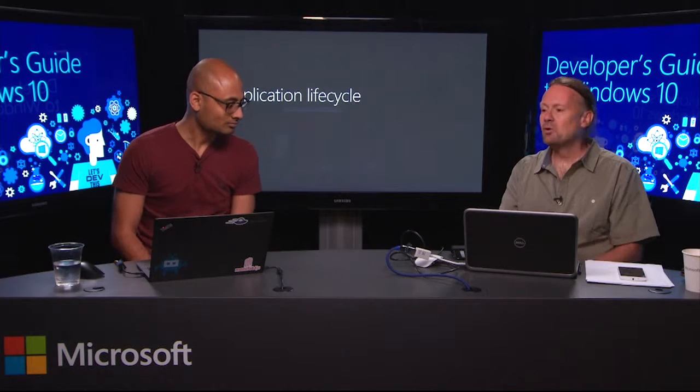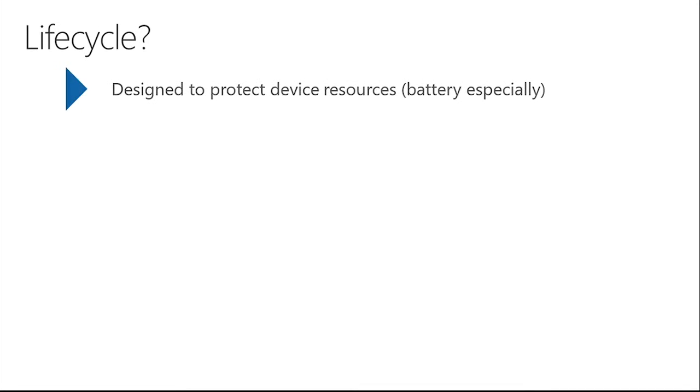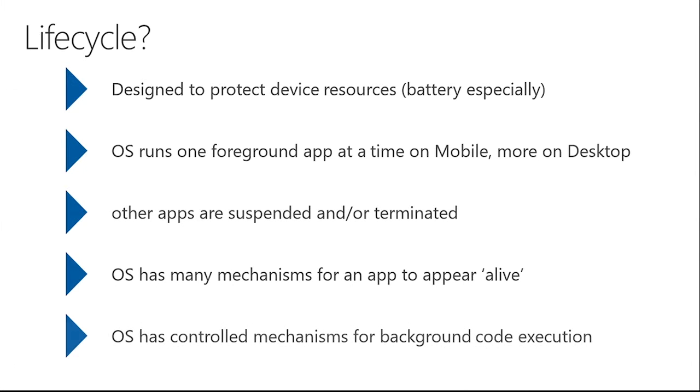So, right, first of all, what is the app life cycle? Why do we even have one? Well, it's about mobile, isn't it? Everything is mobile these days. The old days when computers were big hulking things sat on a desk, permanently connected to networks and permanently connected to power, those days are gone.